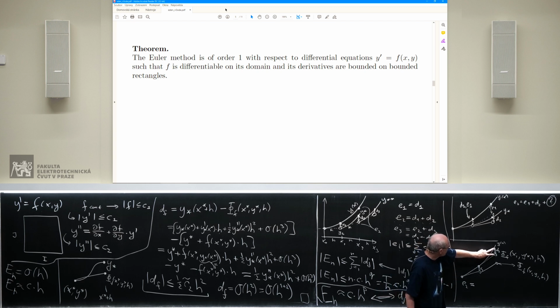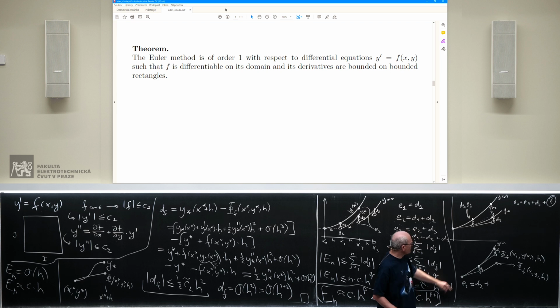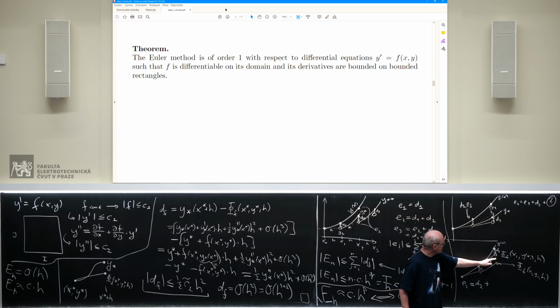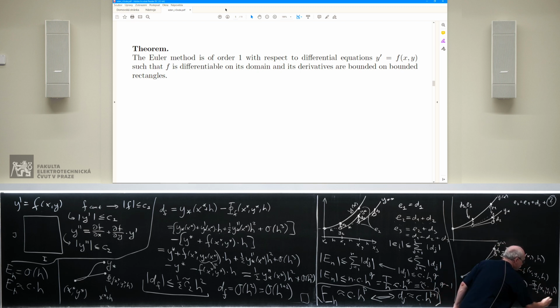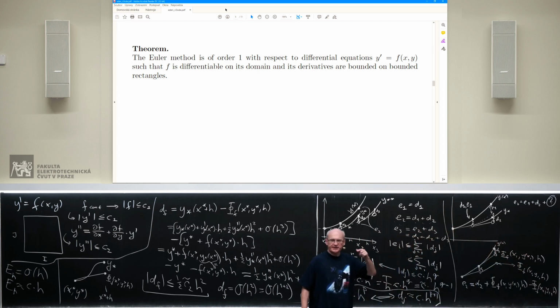I can see the error over here, d2, and over here I have the difference between the, let's say, outputs from the Euler method when I have common x but different starting y's. So this distance is phi f (x1, y(x1), h) minus phi f, and here I'm using y1, h. And now here is where it gets interesting.